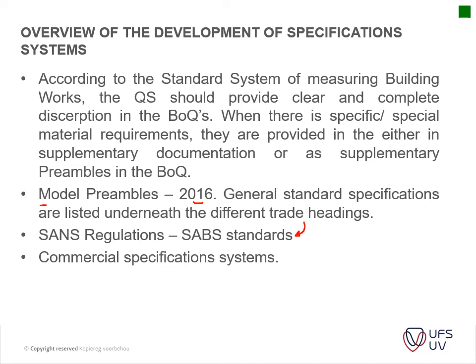Then you've got your commercial specification systems. These systems are usually ad hoc specifications developed by specific clients, consultants, etc. For instance, if you have a developer like Greenpoint, on their projects they usually have a certain set of specific standards, and those standards have been captured in a commercial system of specifications.